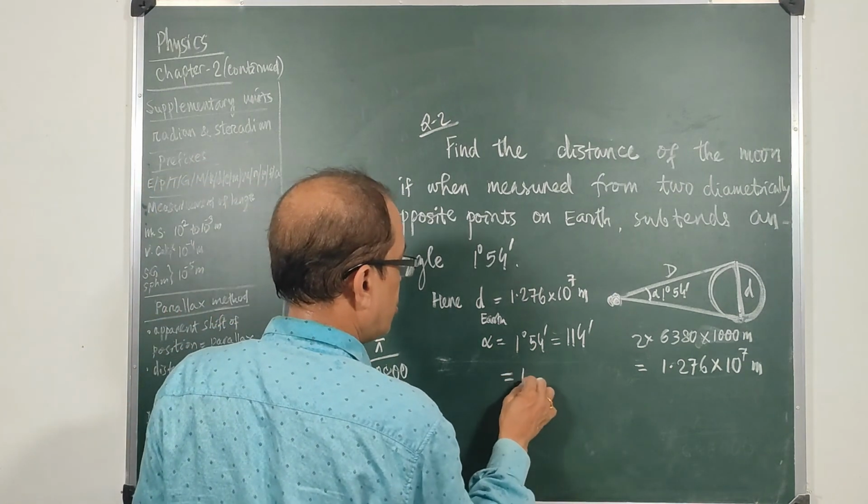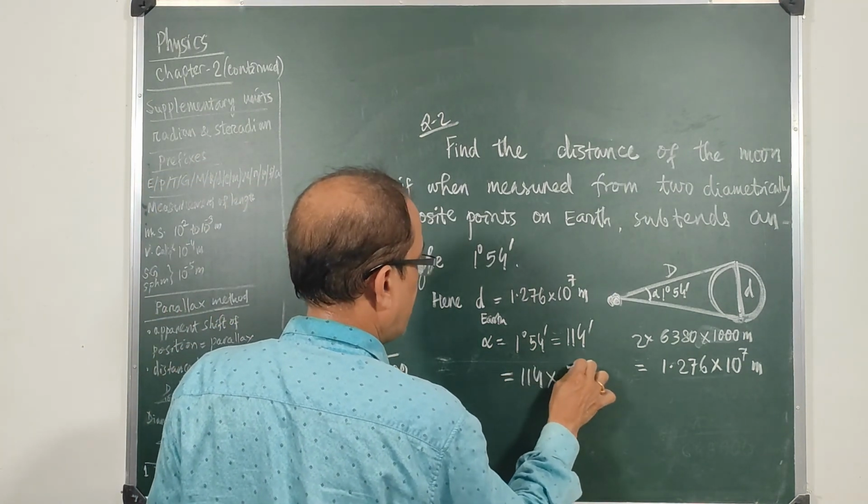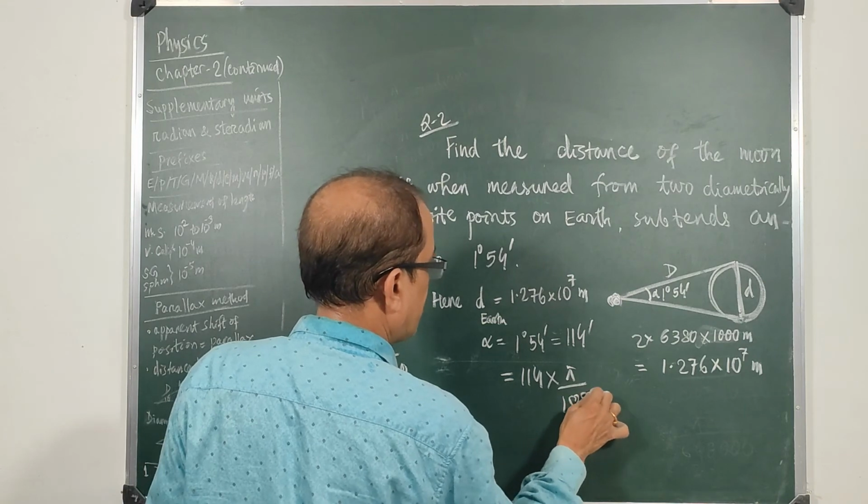So this is equal to 114 into pi by 10,800.